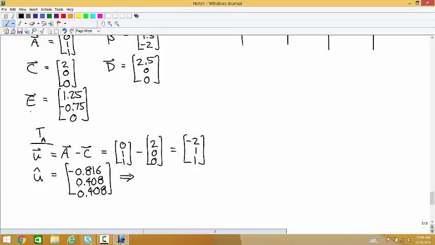And now we just multiply this by the variable TA. So our force vector is negative 0.816 TA, positive 0.408 TA, positive 0.408 TA.